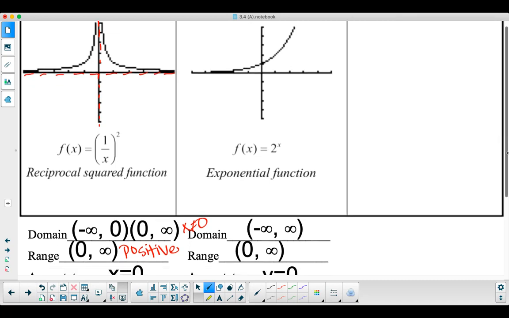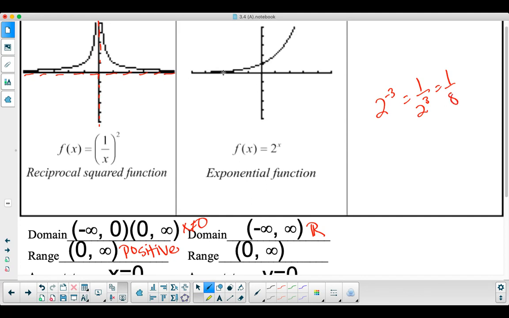All right, and then exponential function. So your domain is all real numbers, so we can basically plug any positive or negative value we want into that. So negative infinity to infinity, all reals. But for your range, you're only going to get positive values out of that, even if you put in a negative value. Because if you put in 2 to the -3, that ends up being 1 over 2 cubed, which is 1/8, right?